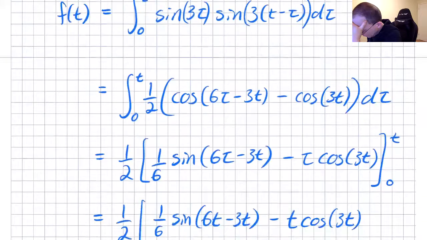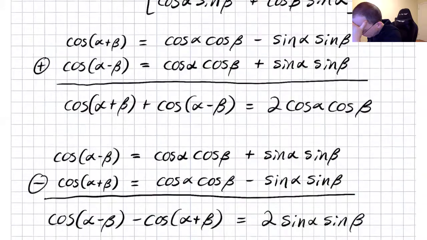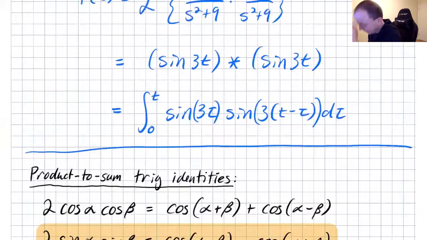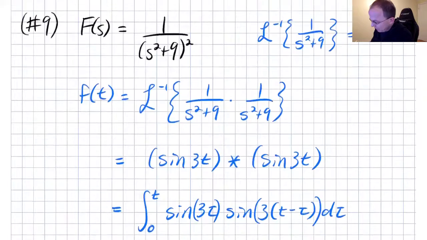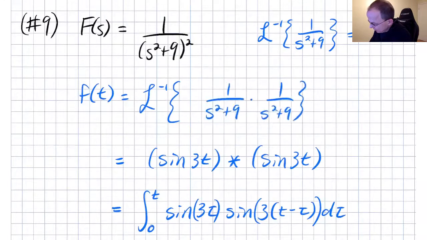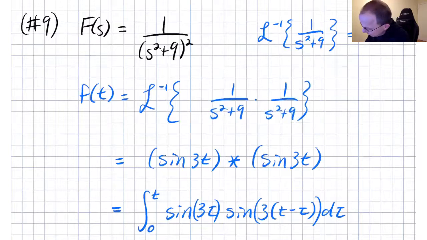Wait, I did make a mistake. I told myself not to make this mistake, but I did. This is actually going to be 1 over 9 times, and then these have to be 3 up here. That's supposed to be 3 in the numerator.